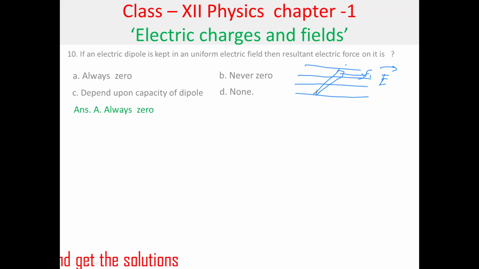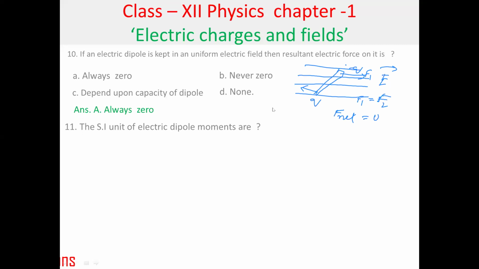And another force will be in this direction, plus q, minus q. So F1 would be equal to F2. So the net force F net will be 0 on the dipole. So it is very clear to you. Let us go to the next question.